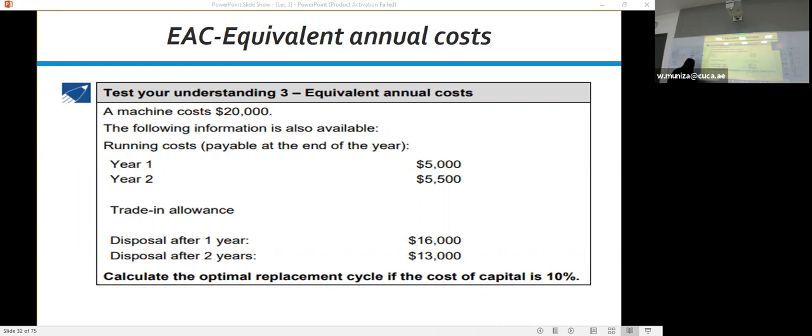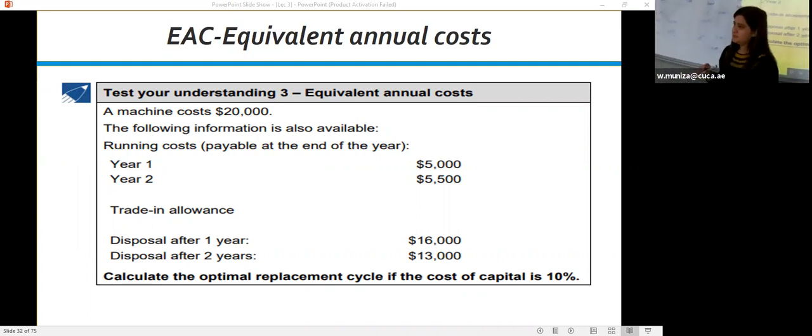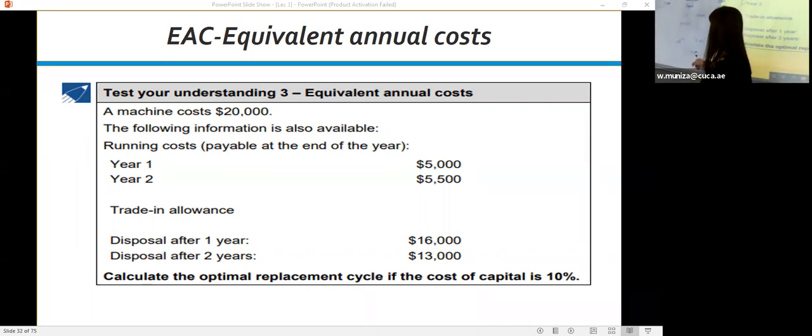For this one also 10,000. See the NPV factor for the first year at 10%.